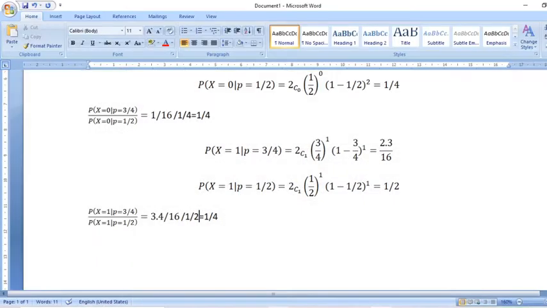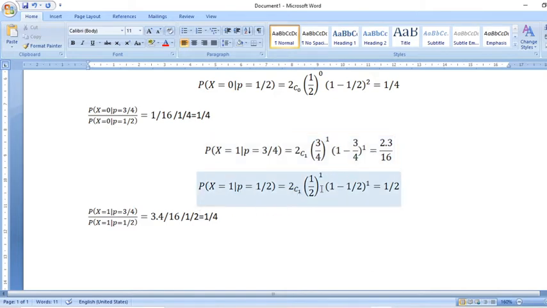3 by 4. This 4 will go above, and 8 will come there. So with 2 there: 2 into 3 by 4, then 1 minus 3 by 4, that is 1 by 4. So 2 into 3 divided by 4 into 4, that is 16.